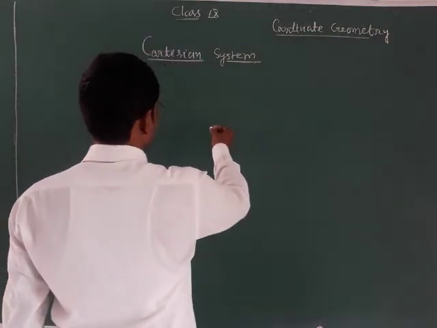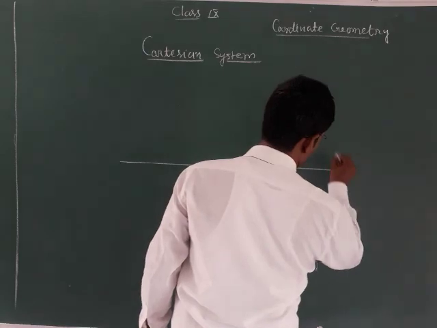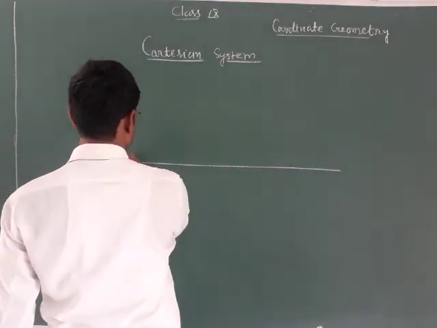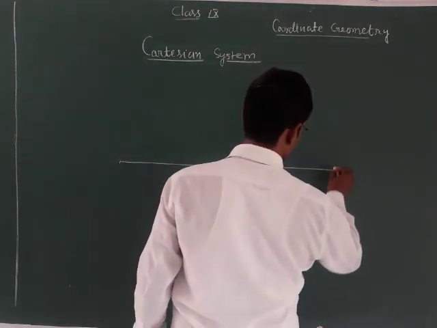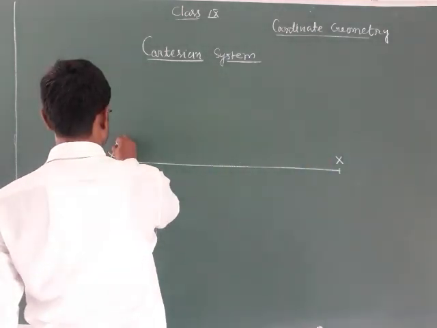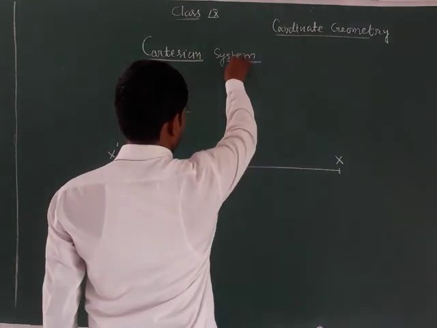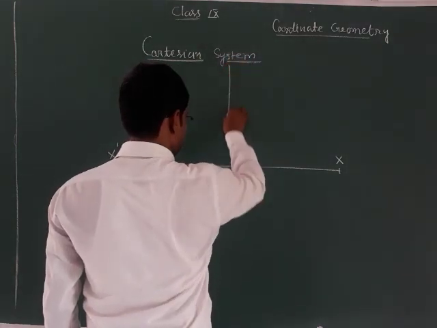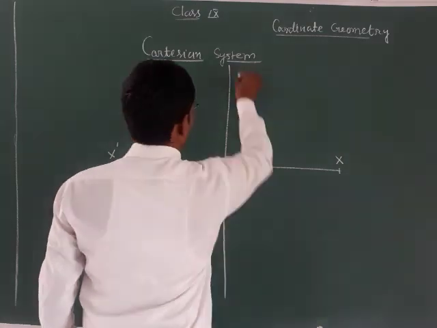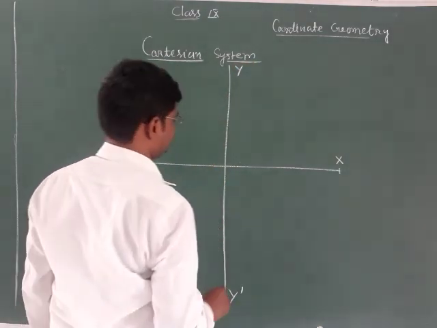So this is the horizontal line. Now the notation: this is x and x dash, and the vertical line is y and y dash.